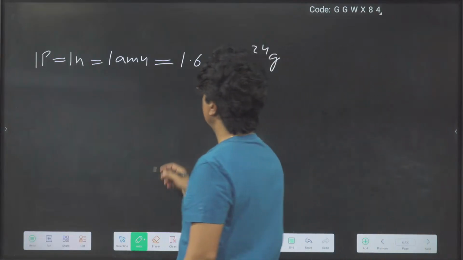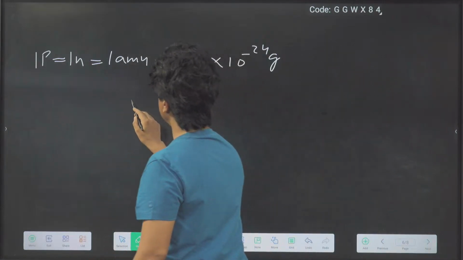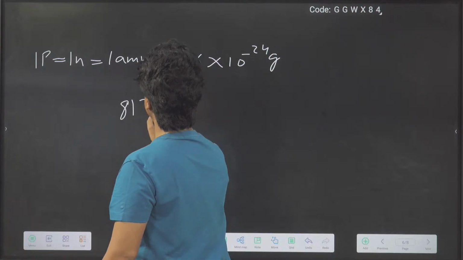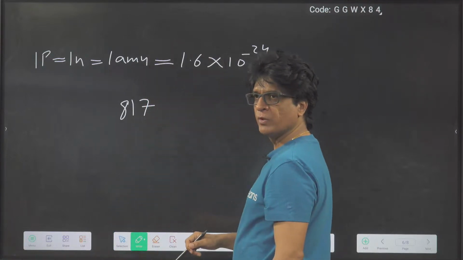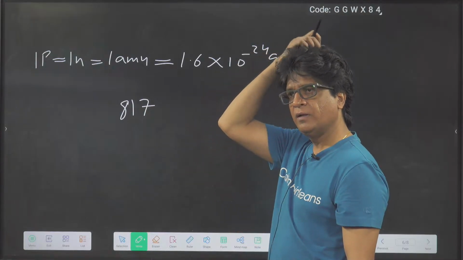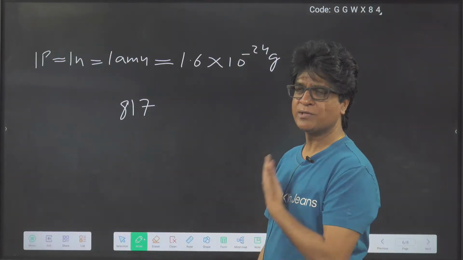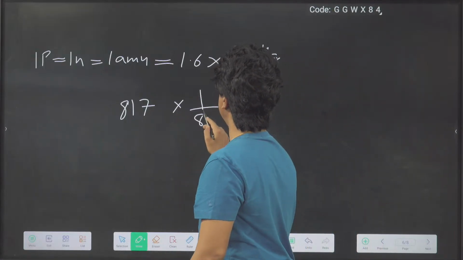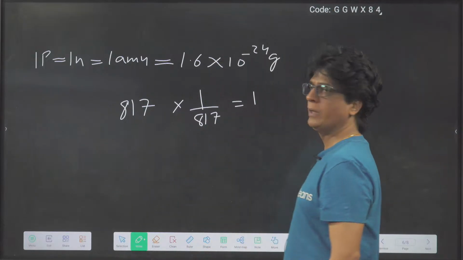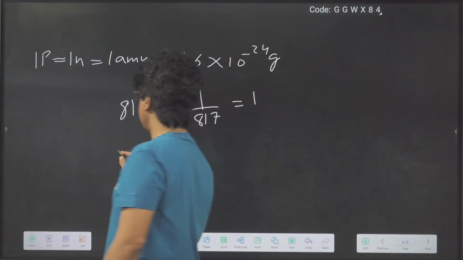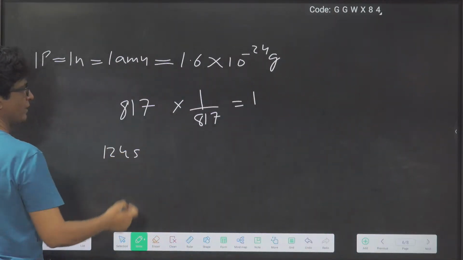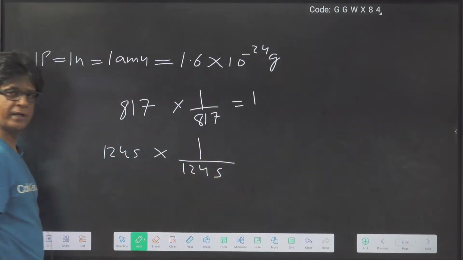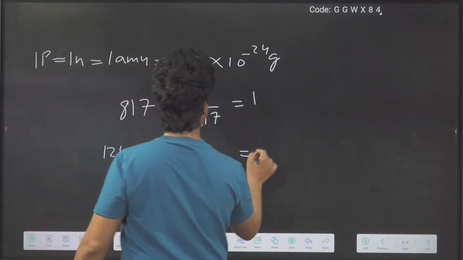Now see this. If I take a reciprocal, say let's take 817. You know the table of 817? Sir, we do not know the table of 2 properly, you are asking the table of 817. But if I ask you to multiply by the reciprocal of 817, what will I get? 1. Similarly, for 1245, I'll again get 1.